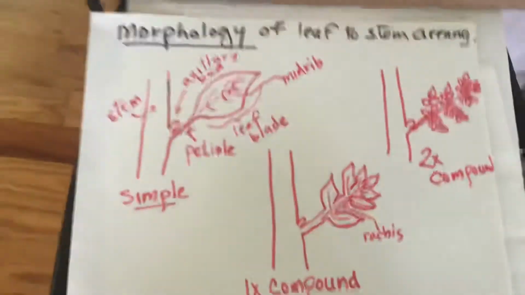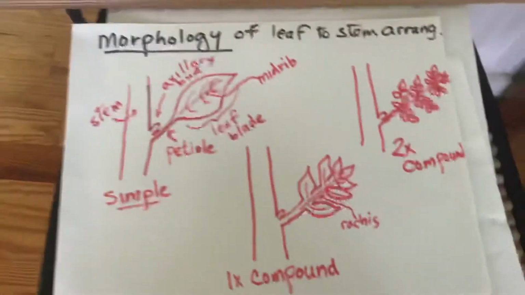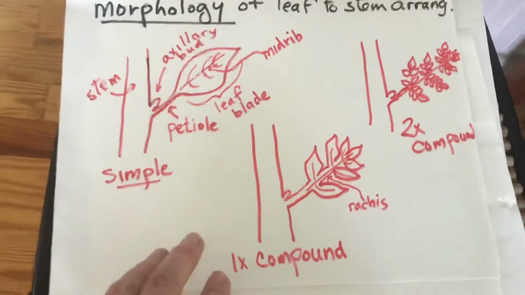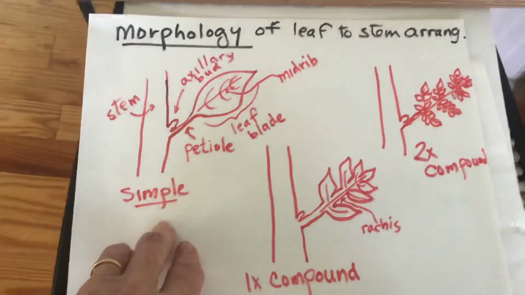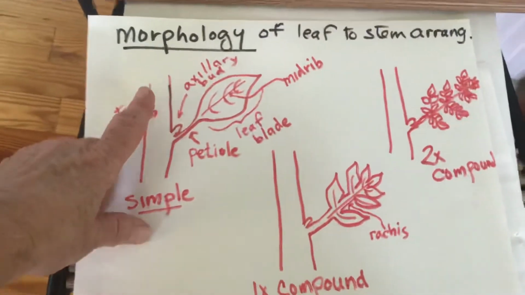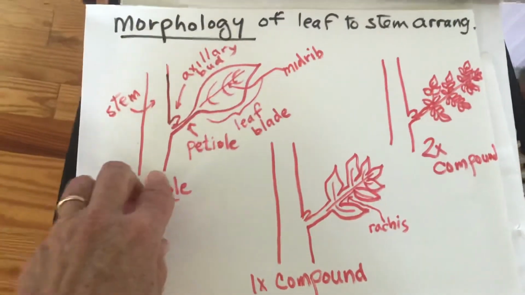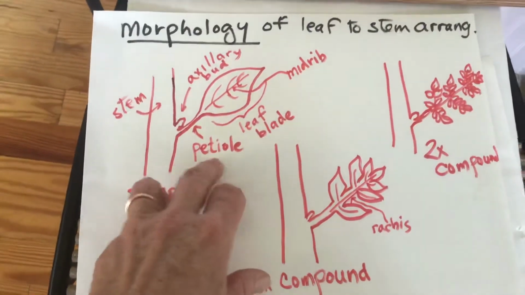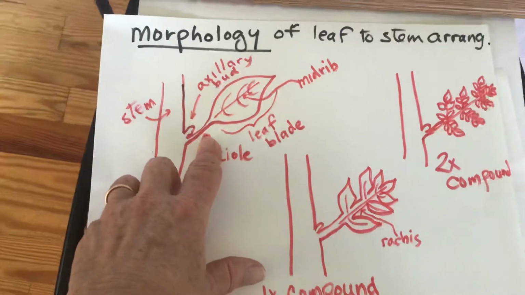Okay. Now the other thing that we want to look at is the morphology of leaves. This is something that you'll do more in botany too, but I just wanted to briefly go over it so you knew some of the terminology related to a leaf. So a simple leaf is kind of like what we've been talking about, where you have the stem, you have the leaf coming off, and the leaf that's coming off has a little stem leading to the leaf called a petiole.